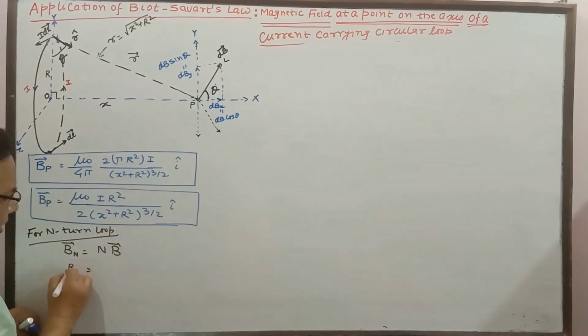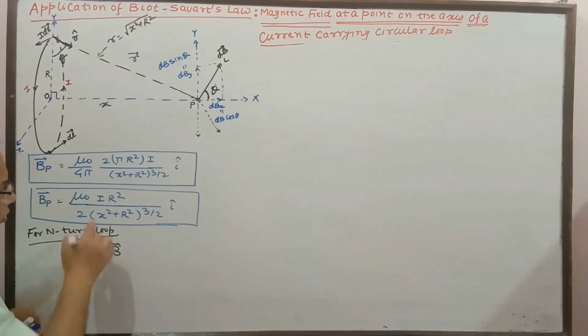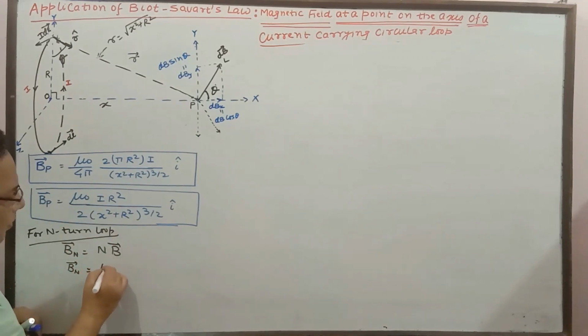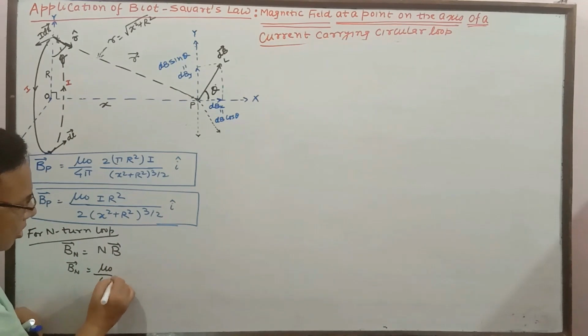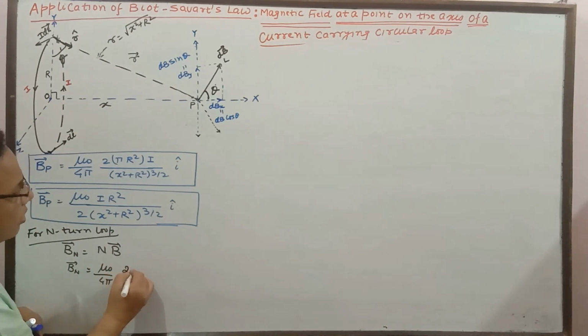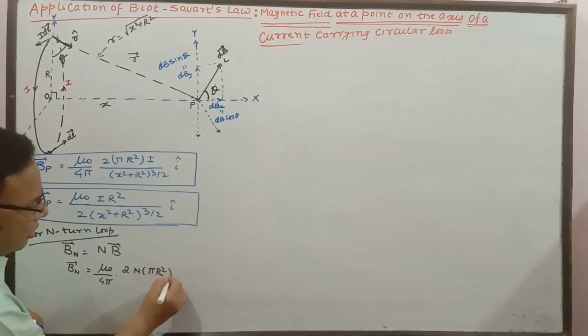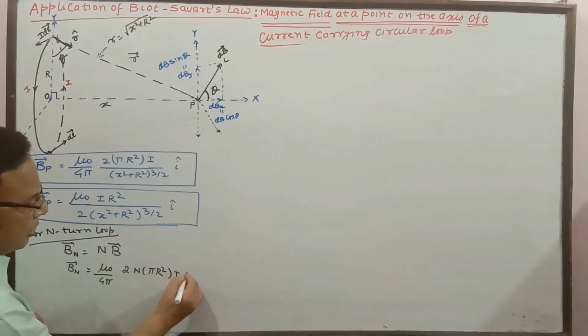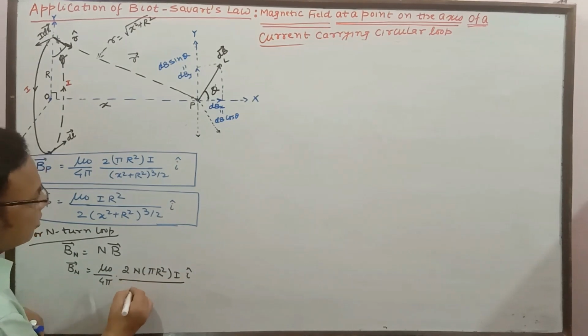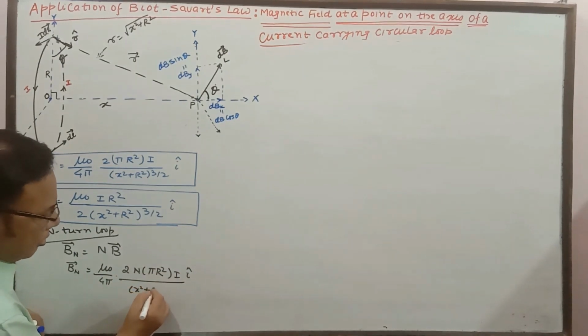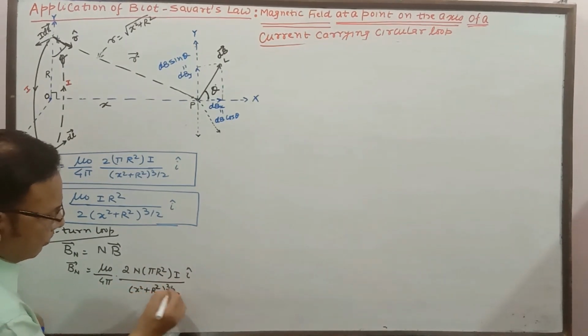In the first way, keeping mu naught by 4 pi intact, we have mu naught upon 4 pi, 2 n pi r square into I cap upon x square plus r square whole 3 by 2.